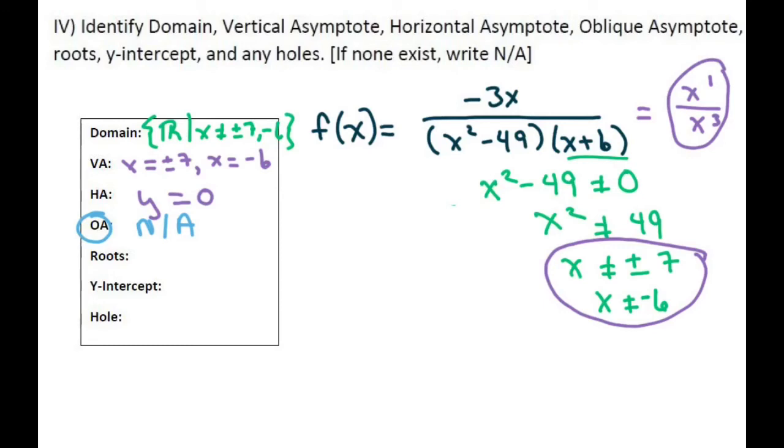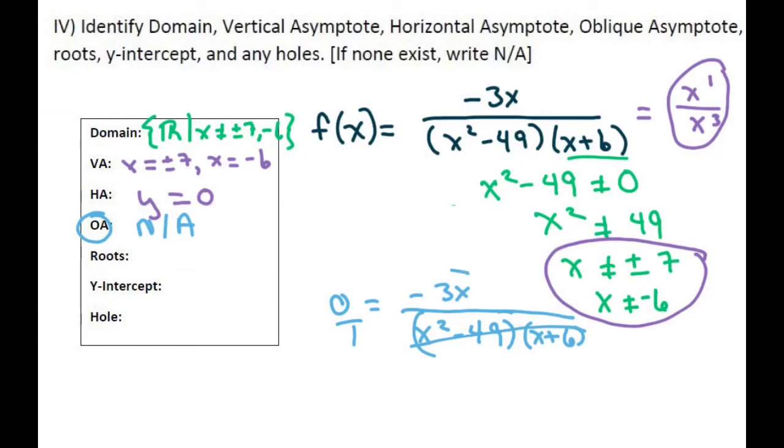Our roots and y-intercept, and that's just setting our f of x to 0. And when you set it to 0, cross multiply, this just goes away. So we're just setting the numerator to 0.